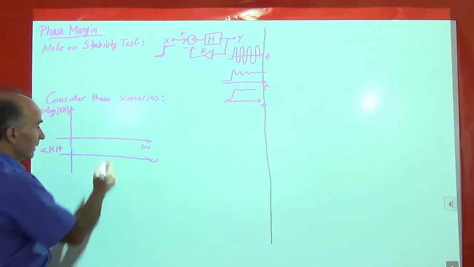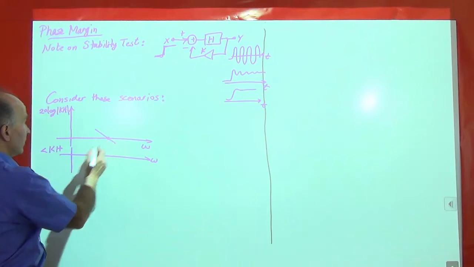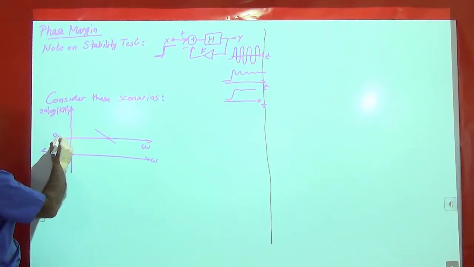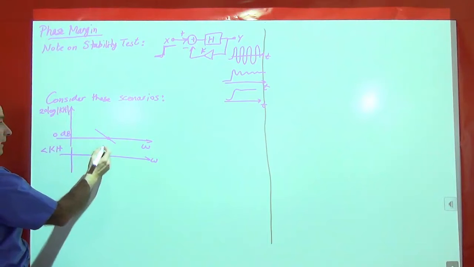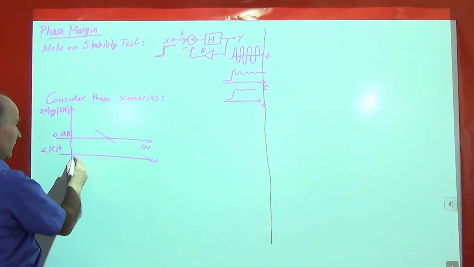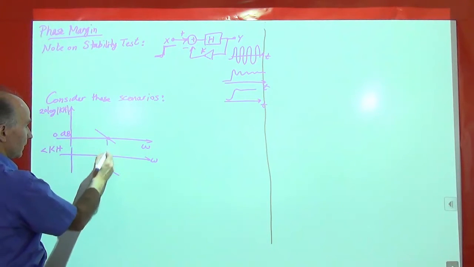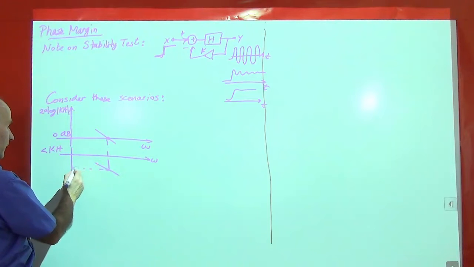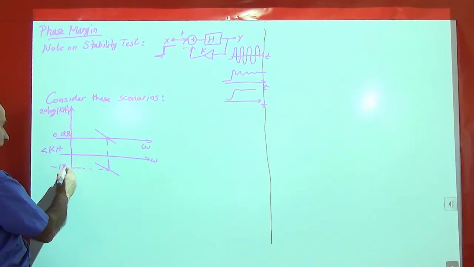And we said, well, if the loop gain drops to 0 dB at some frequency, and the phase is also minus 180, then we have a problem, right?